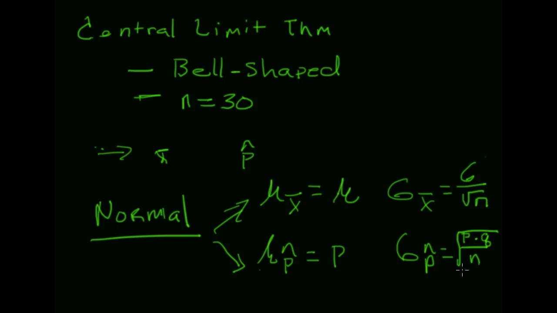Now, all of this we have seen somewhere before, okay? But what we're claiming here is a little bit beyond what we've claimed before, that the original population doesn't need to be bell-shaped if our sample sizes are sufficiently large, and usually any sample size over 30 is sufficiently large enough.